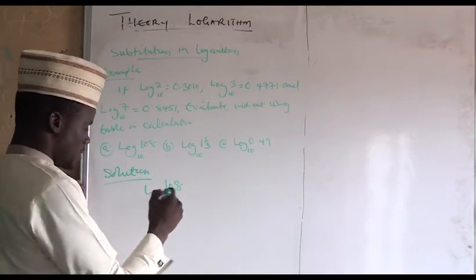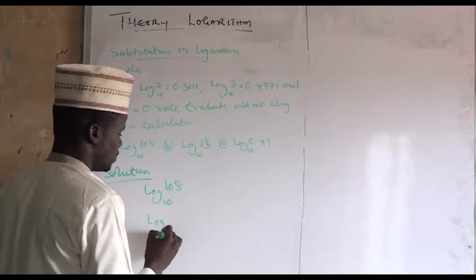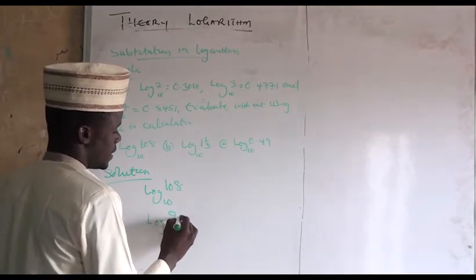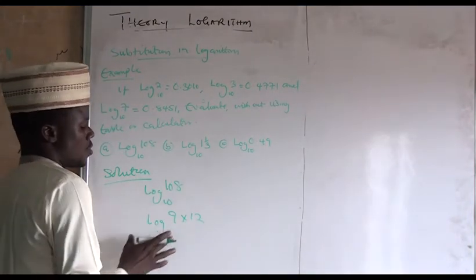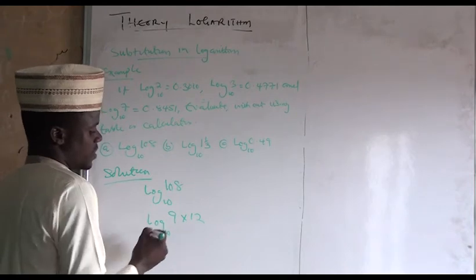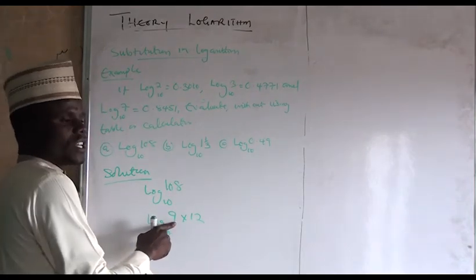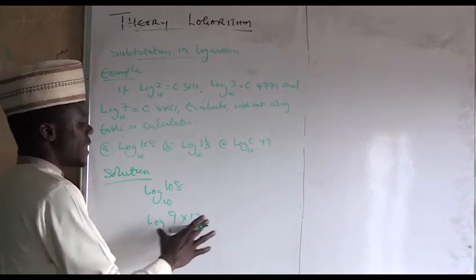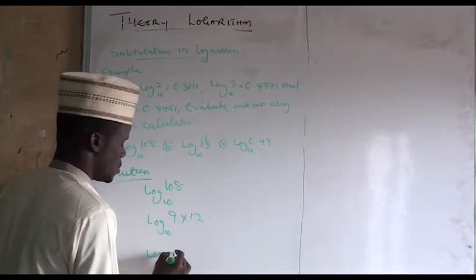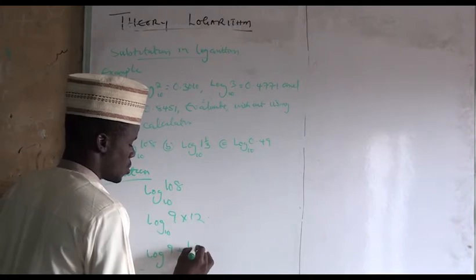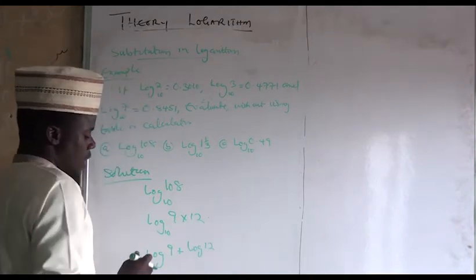So here we can now take logarithm of 9 times 12, which is 108 base 10. So now here it is a multiplication. As we all know, we have to separate what is here as logarithm. We say log 9 plus log 12.